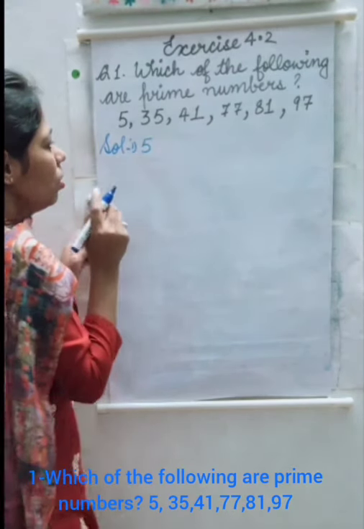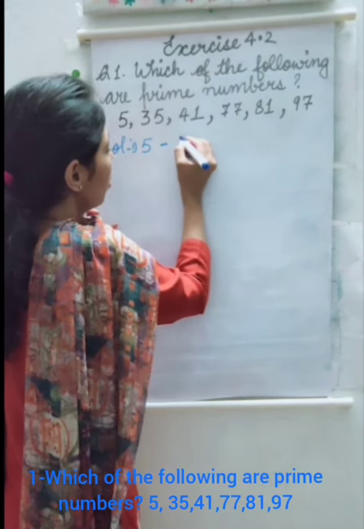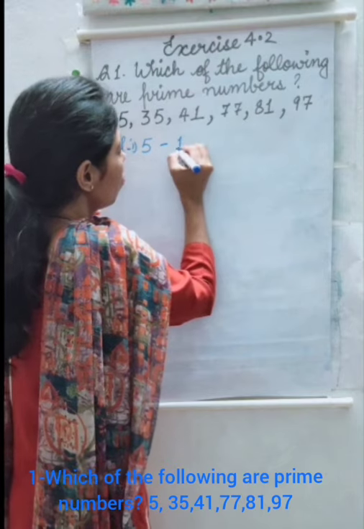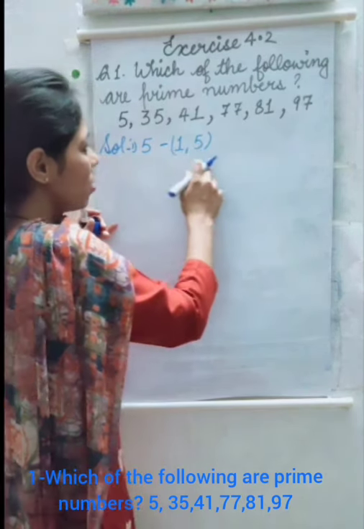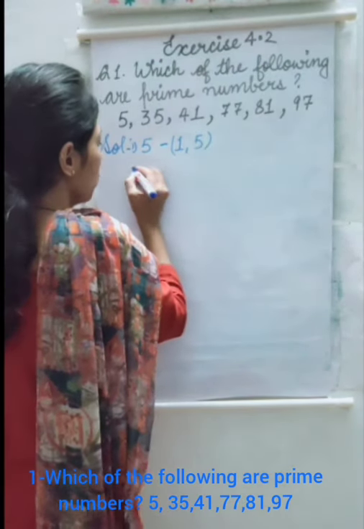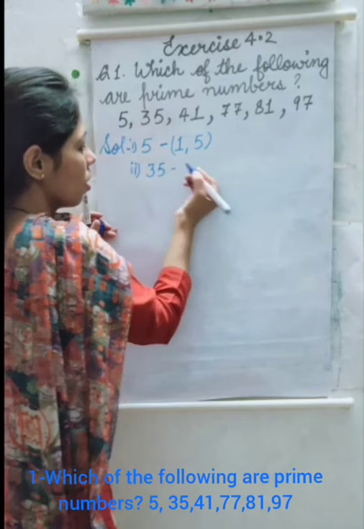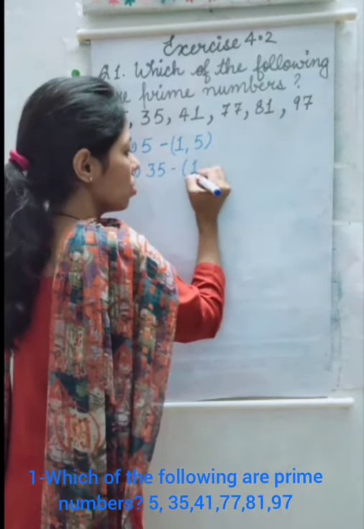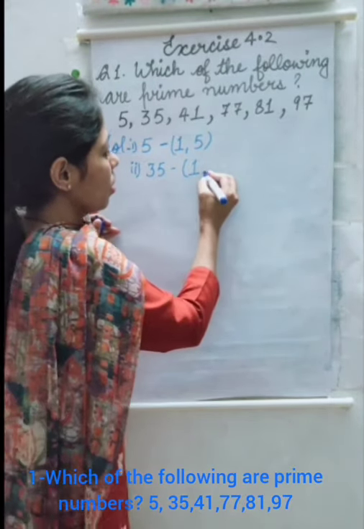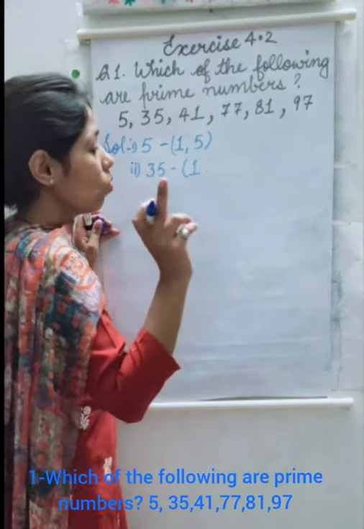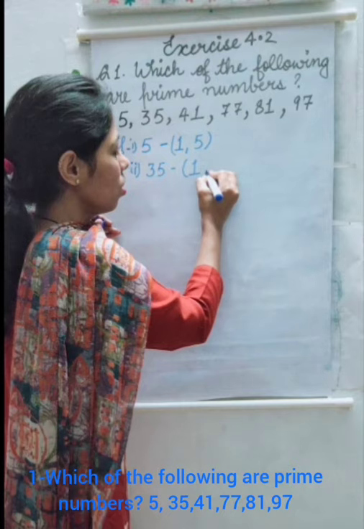Let's write number 1, and we all know that 5 is divisible by 1 and 5 only. So we can say it is a prime number. Next is 35, and as every number is divisible by 1, we studied in the properties of divisibility that every number is divisible by 1.